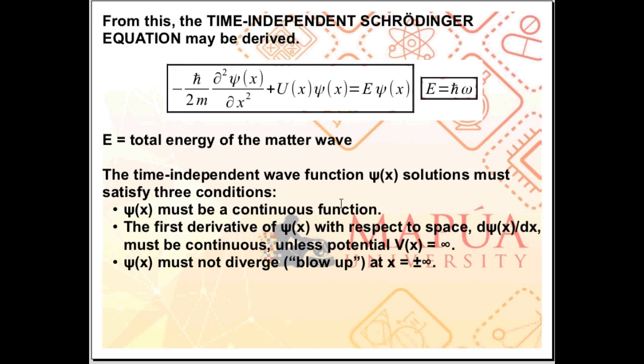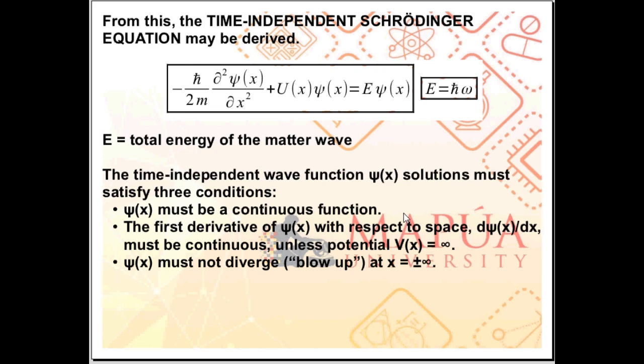The function small psi must be a continuous function, particularly throughout the region that we are analyzing. If you're just analyzing a limited region, in that region, psi must be a continuous function. Outside the region, small psi does not matter, as long as you are limiting your analysis in that region.